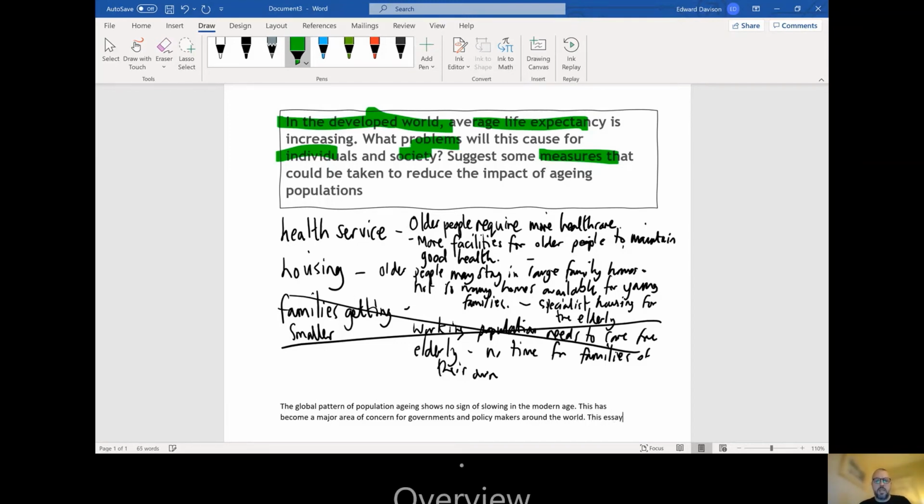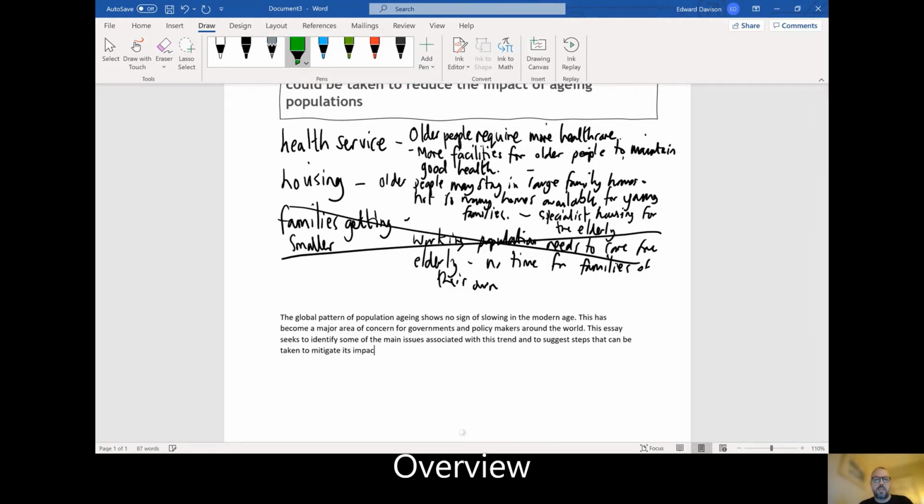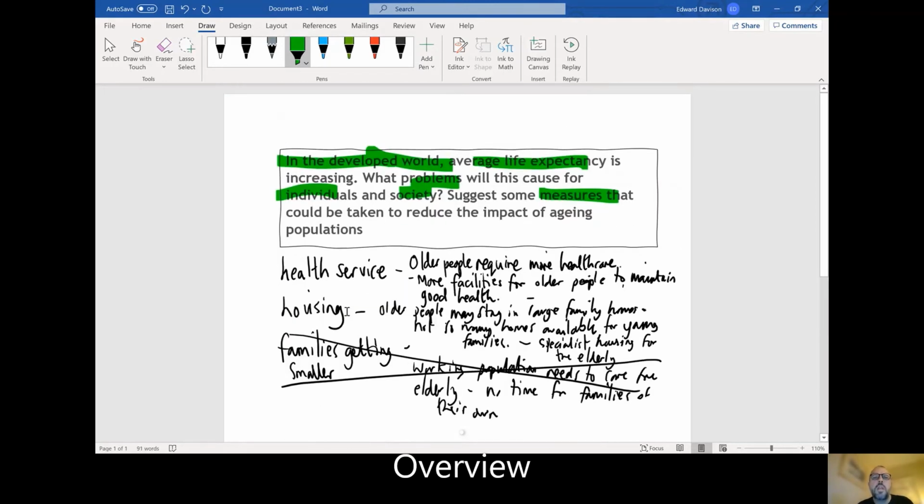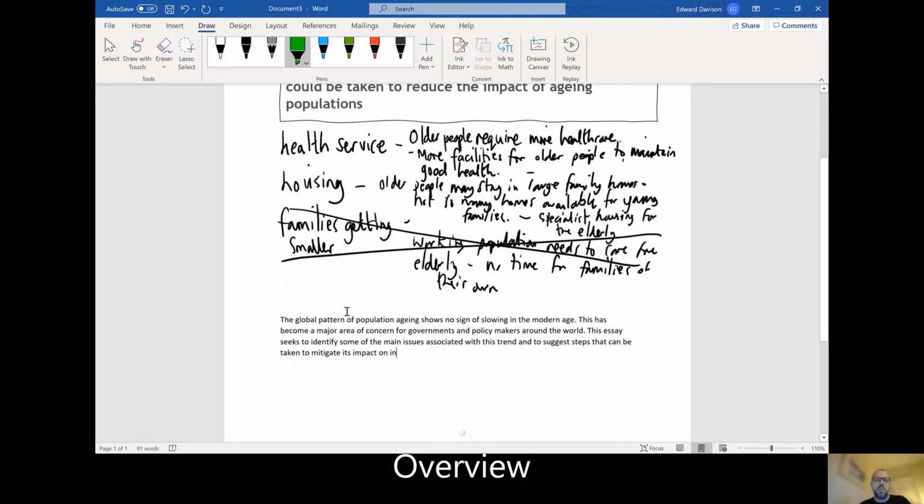This essay seeks to identify some of the main issues associated with this trend and to suggest steps that can be taken to mitigate its impact on individuals and society.